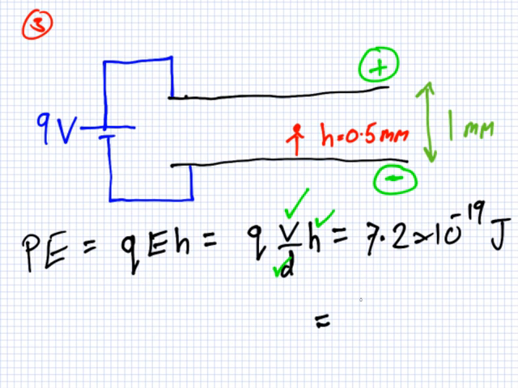So the answer in electron volts is 4.5 electron volts. Okay, is that okay?